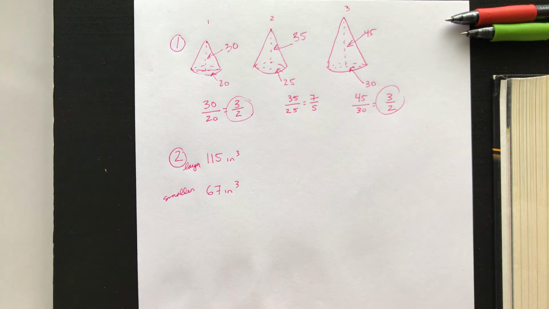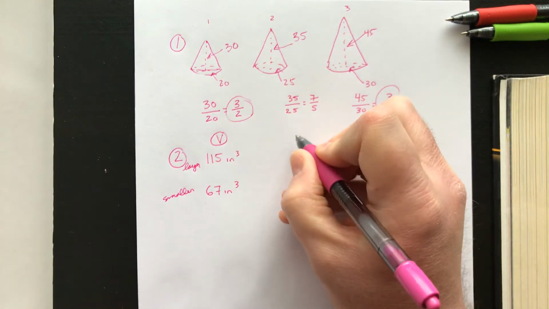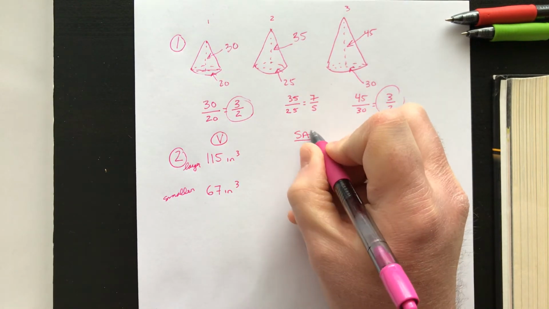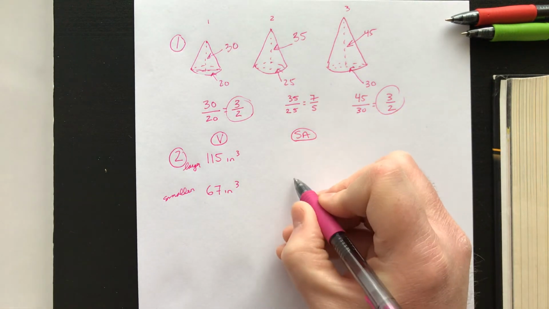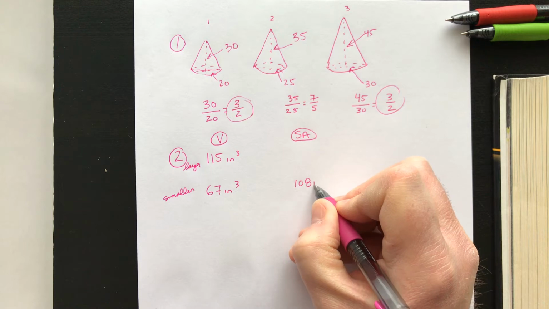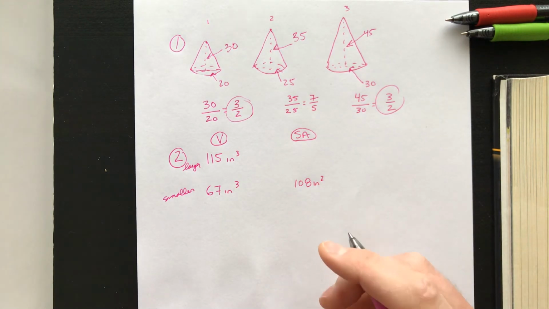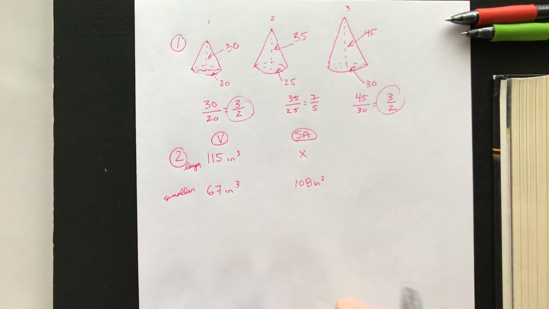And then they tell you that the surface area of the smaller container is 108 inches squared. They want to know what the surface area of the larger container is.